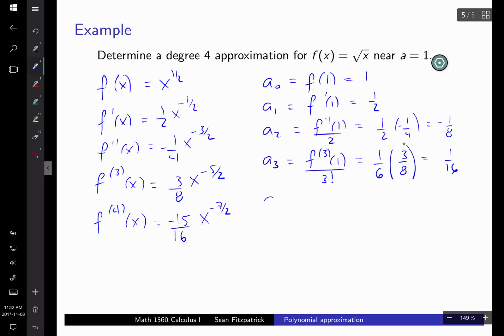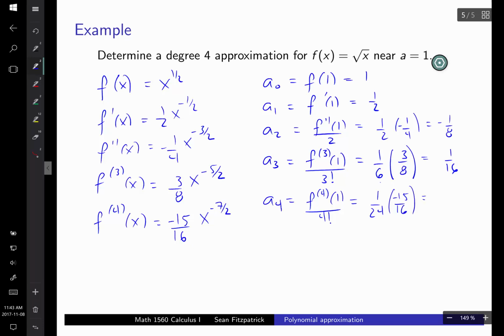And for A4, I get the fourth derivative at 1 over 4 factorial. So 4 factorial is 1 times 2 times 3, which gives me that 6, and then times 4. So 1 over 24 times minus 15 over 16.